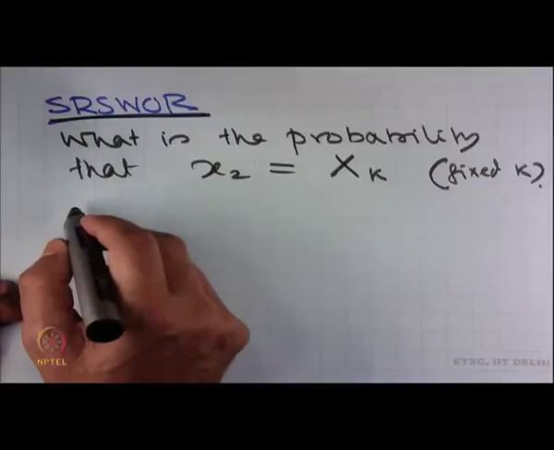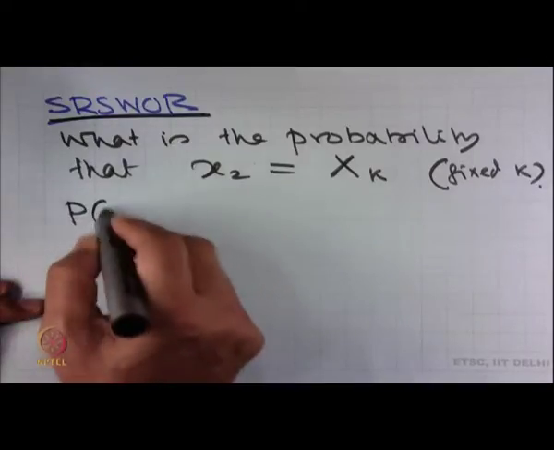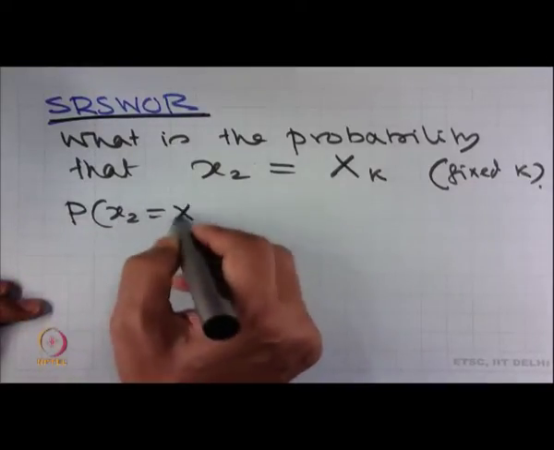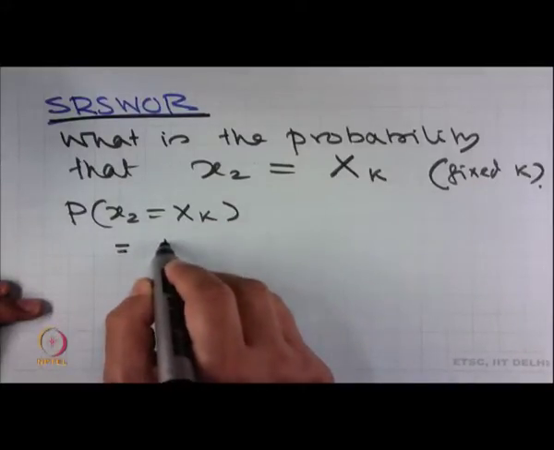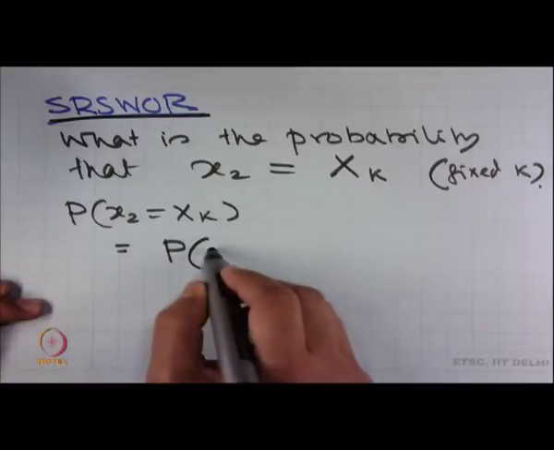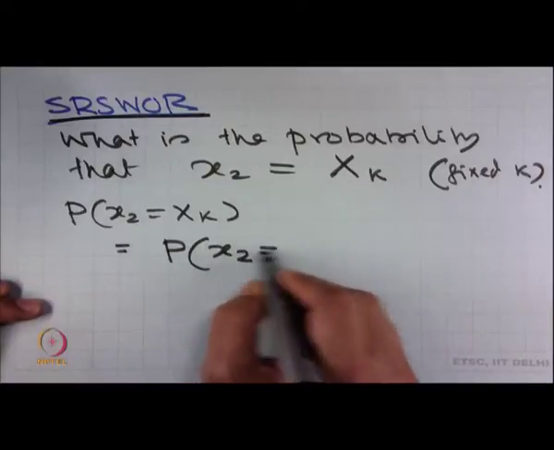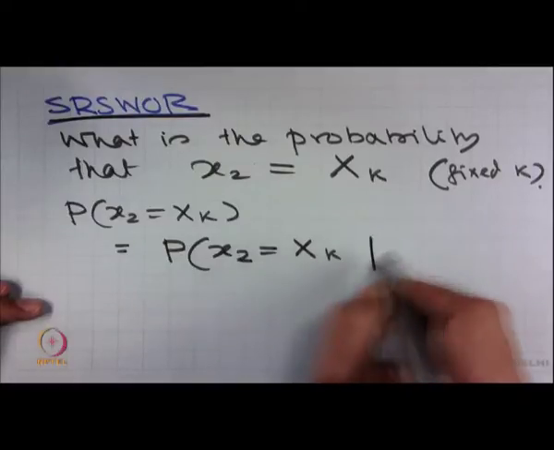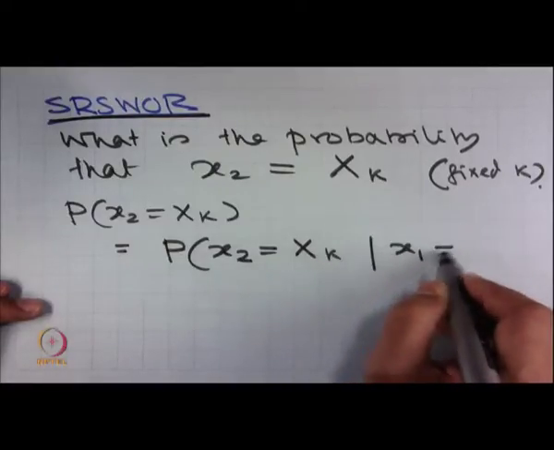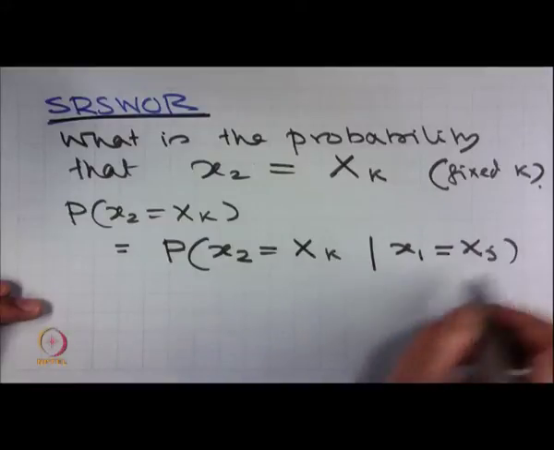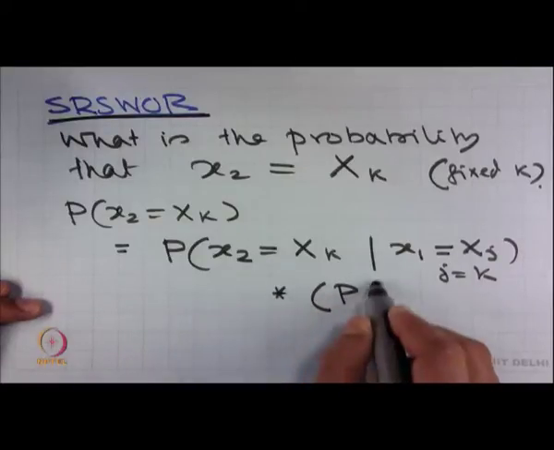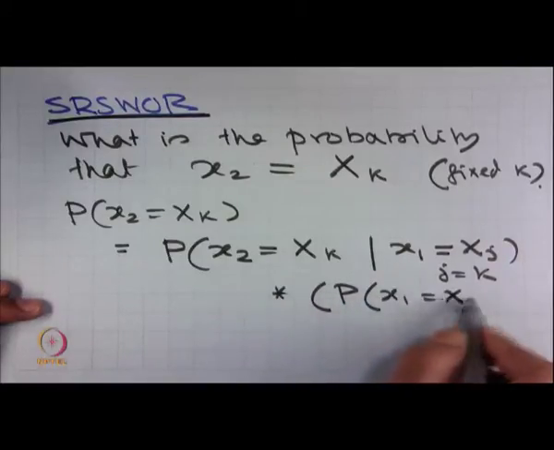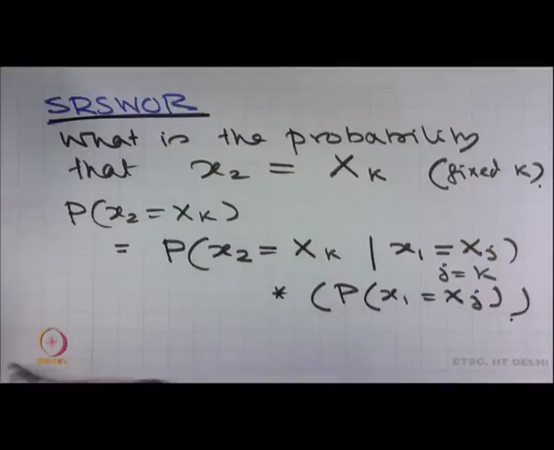So, the probability that X2 equals xk is the same as the probability that X2 equals xk, given that the first sample is equal to xj, j not equal to k, multiplied by the probability that X1 is equal to xj.